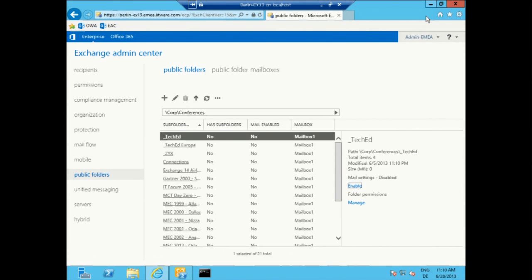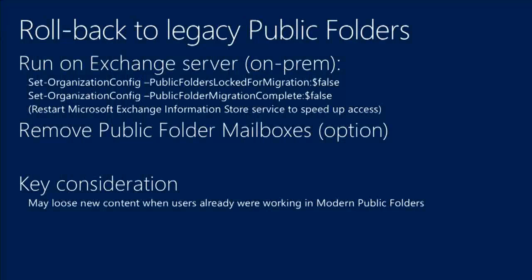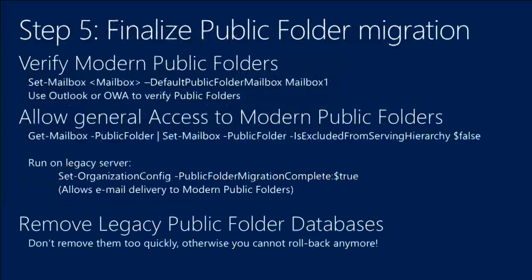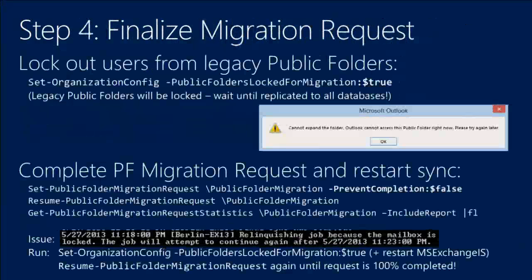So when the question is, when does the mail delivery to the public folder stop? To the legacy. That's when you lock your public folder. So when you run the set organization, let me switch back. Basically, when you run that commandlet, that stops your email delivery.